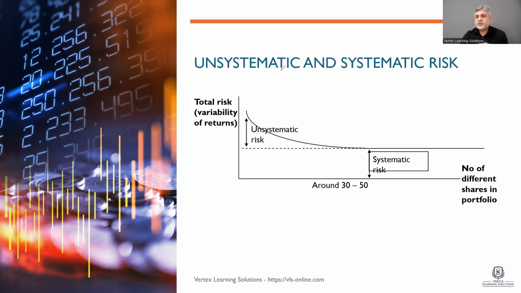So I choose country A and I choose country B. Country A has low systematic risk and country B has high systematic risk. So if I go to country B, every company in country B has a higher systematic risk.